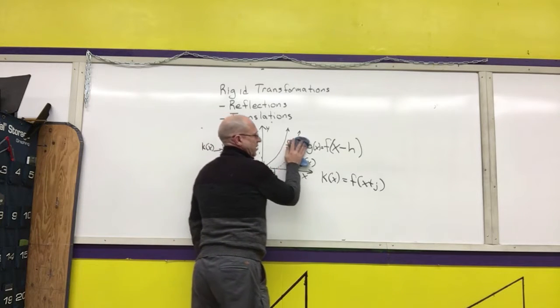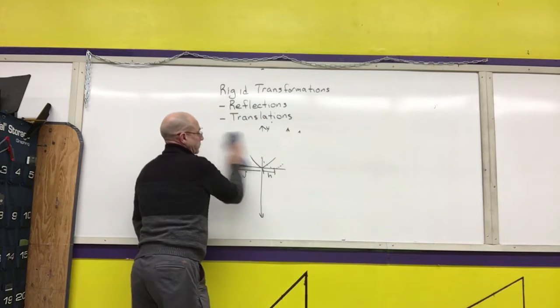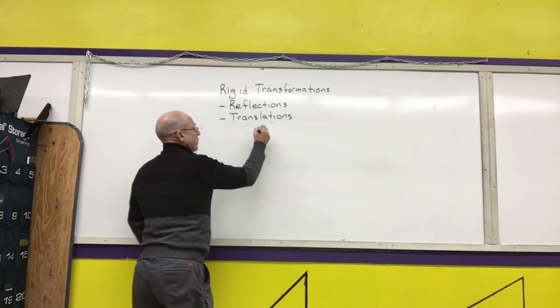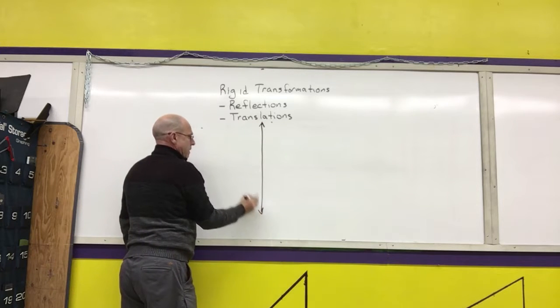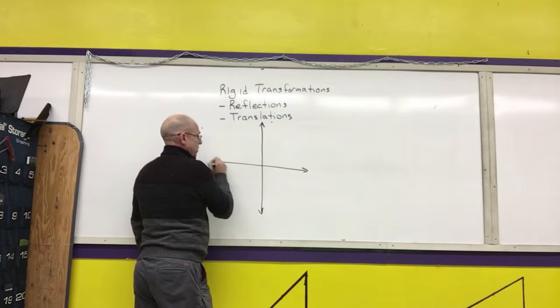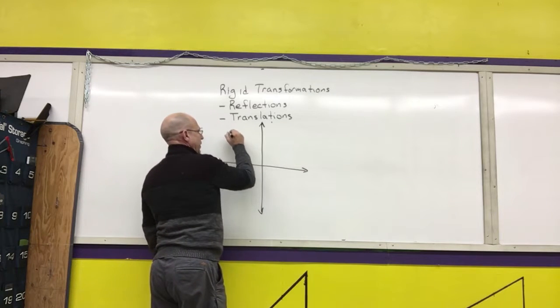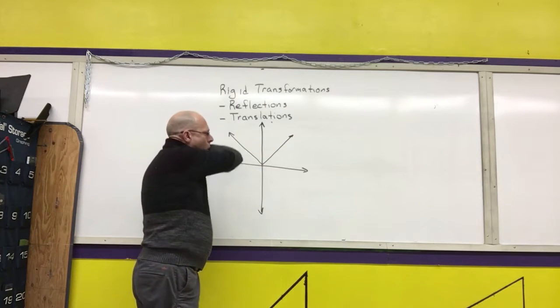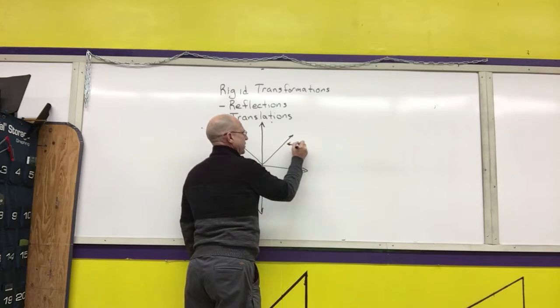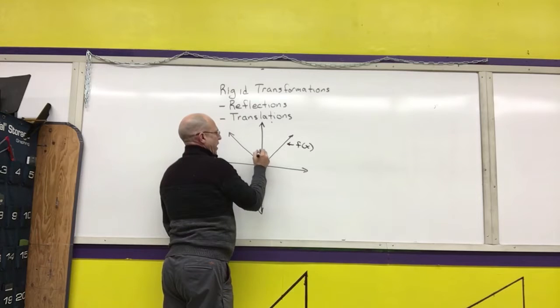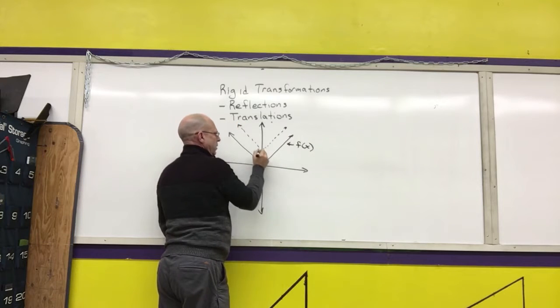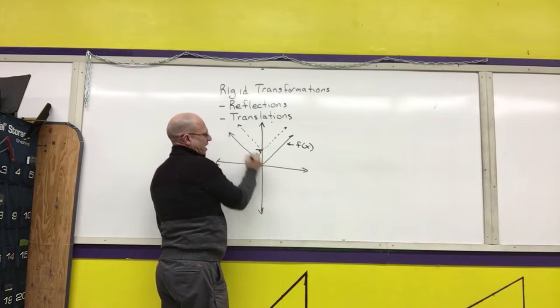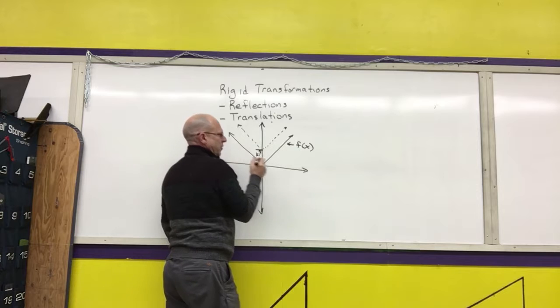Our last type of translation is a vertical translation. So if I take the absolute value function, and I call this f of x, and I want to move that absolute value function up a certain distance, and I call that certain distance between here and here k, I perform the absolute value function, and then I add k to each of my numbers.